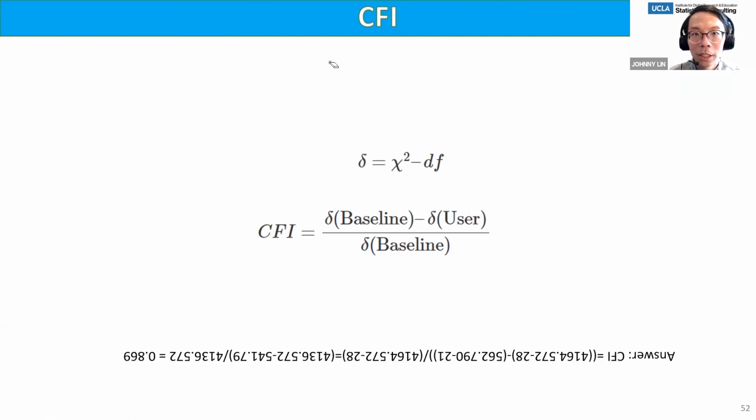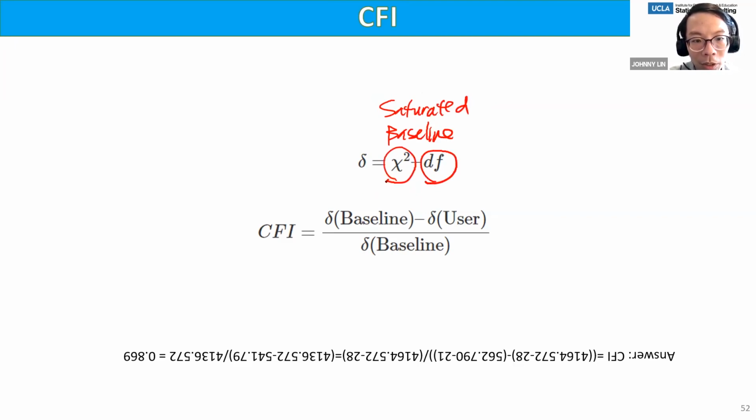First thing you need to do is get the chi-squared. You know how to get the model chi-squared, right? But basically, you need two chi-squares: the baseline and the saturated, and two degrees of freedom, and those are your delta.